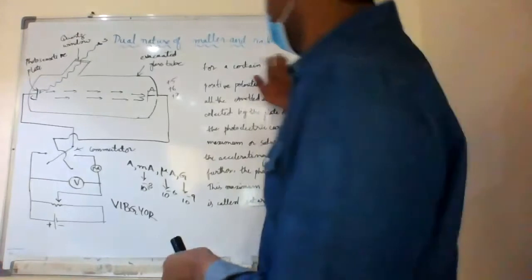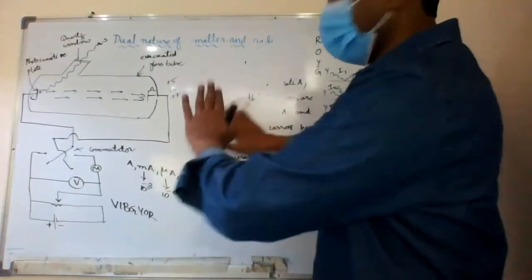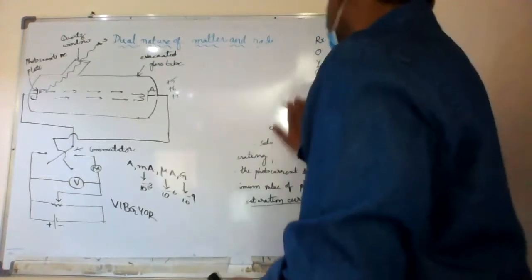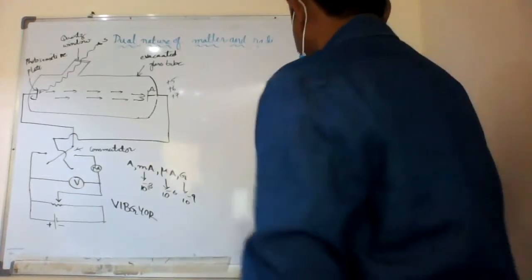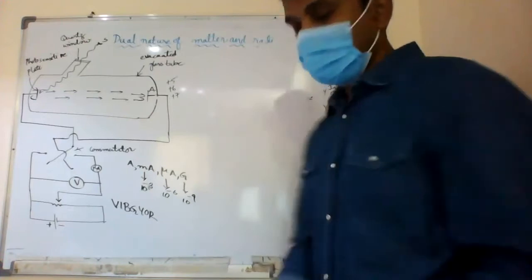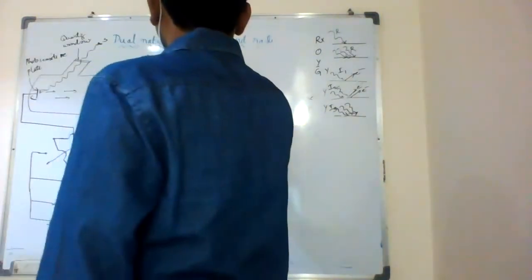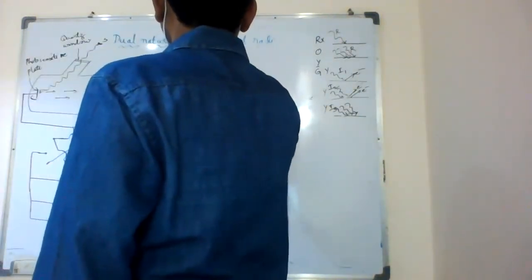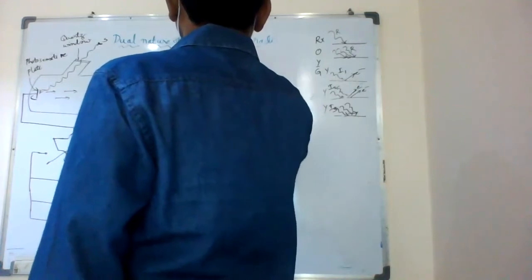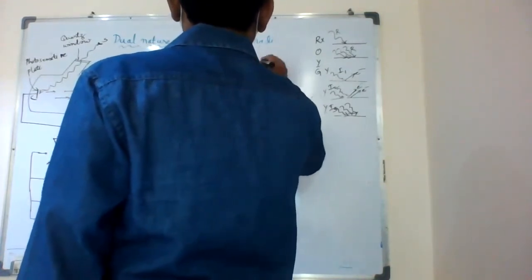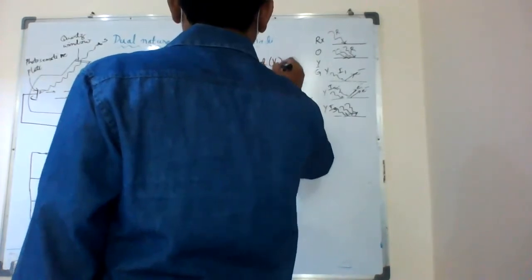That's the definition here. Till the end, for the graph's purpose, I kept that. Now, next one is retarding potential. Stopping potential, V0, or retarding potential.